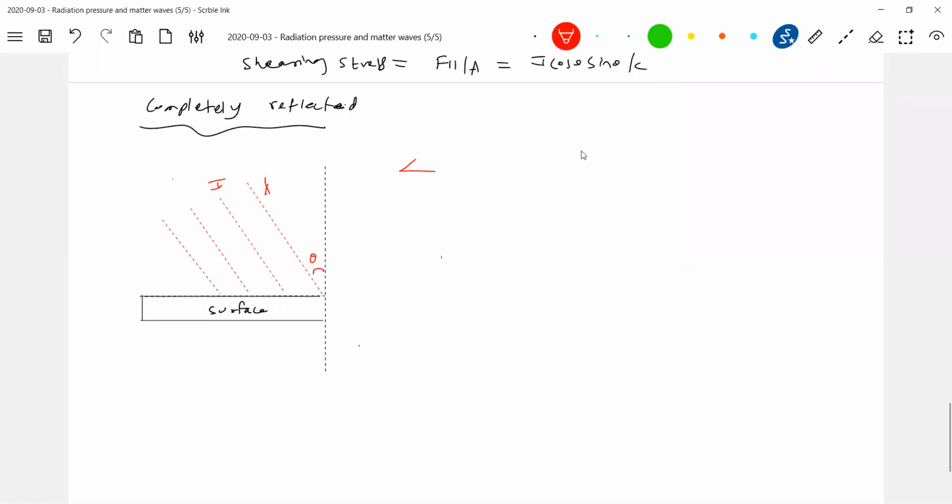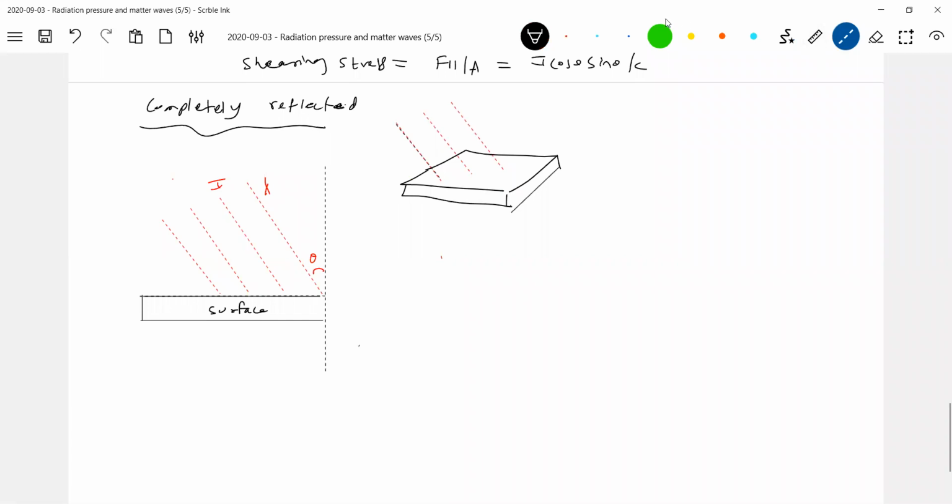So this is again that given surface. In numericals you may get a 3D diagram, so be careful. Let's get into the problem.